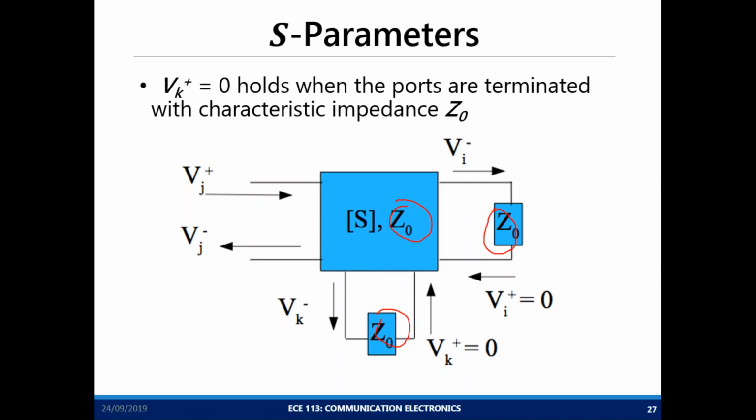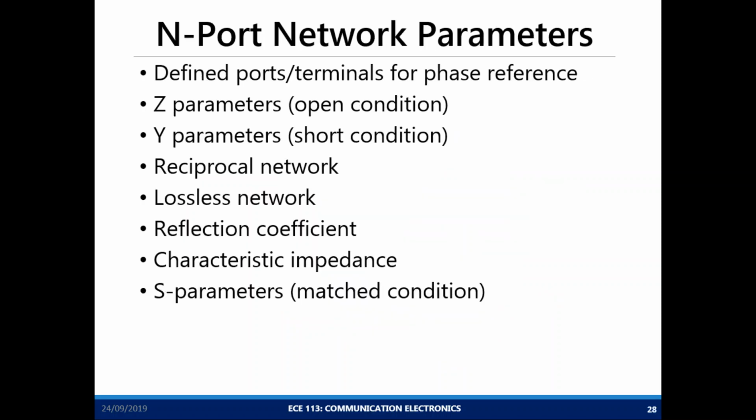Okay? So just to summarize what we talked about, to be able to measure the Z parameters, you need to open all the other ports. Y parameters, you need to short the other ports. And for the S parameters, you need to match the other ports. That's it.